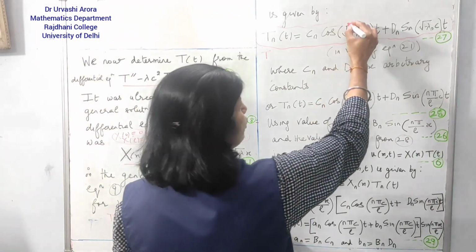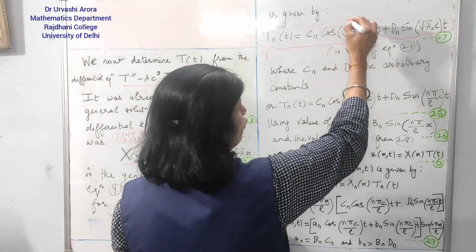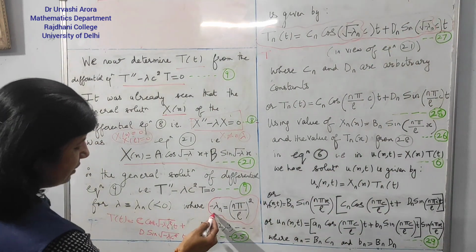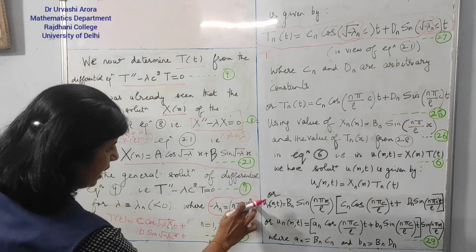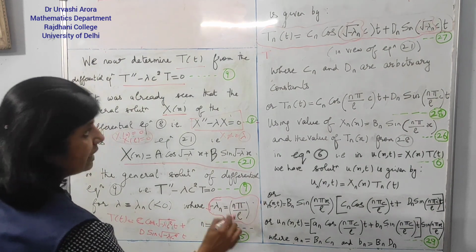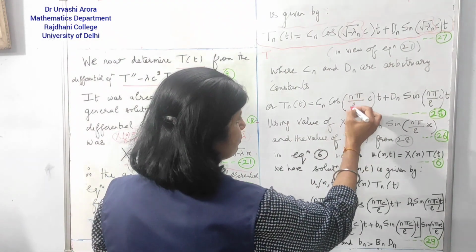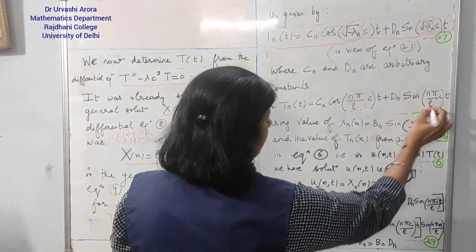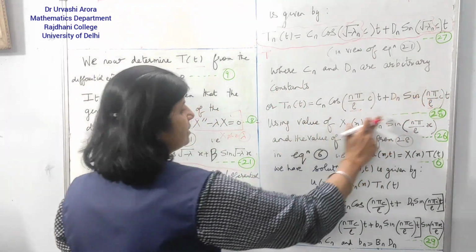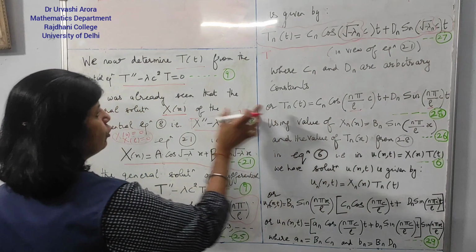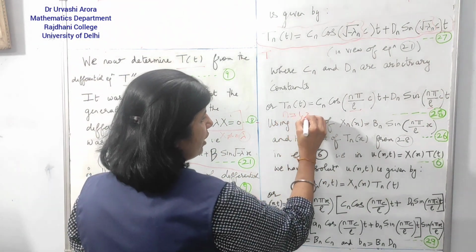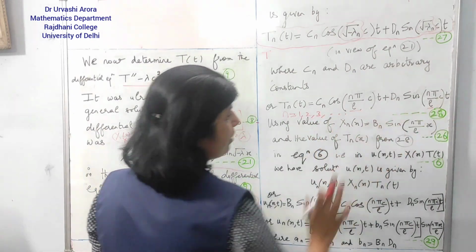Now we can put the value of under root of minus lambda n at both the places, which is n pi by l. So this is the value that I substitute, n pi by l. These are the non-trivial solutions for this ordinary differential equation where n varies from 1, 2, 3 and so on. This we have marked as 28.